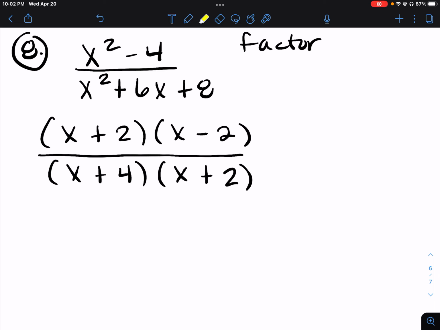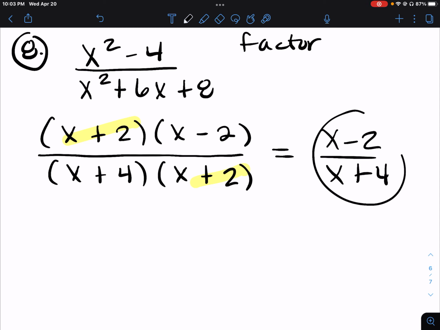Okay, and what we can divide out are these plus 2's. Okay, what's left is our answer.